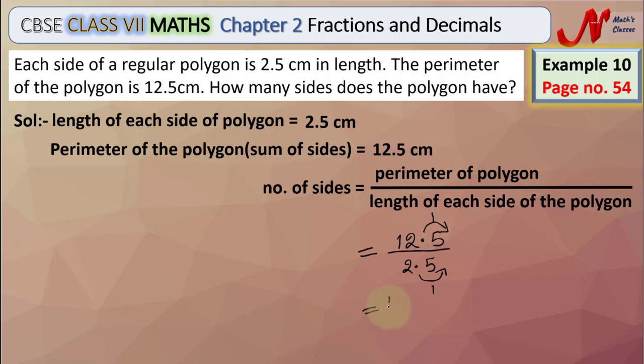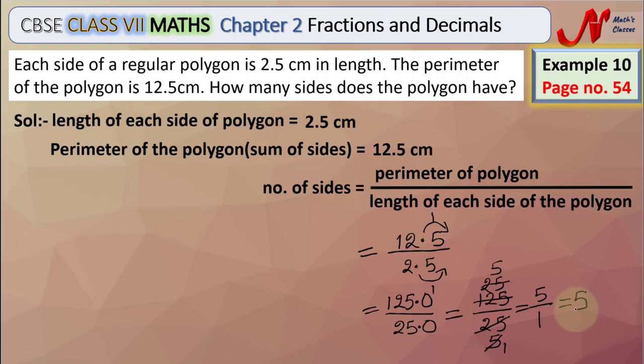So it can be written as 125.0 divided by 25.0, which is equal to 125 by 25. By cancelling: 5 fives are 25, 5 twos are 10, 5 fives are 25. Again we can cancel: 5 ones are 5, 5 fives are 25. So we can write it as 5 by 1, which is equal to 5. Therefore the number of sides of the polygon is 5.